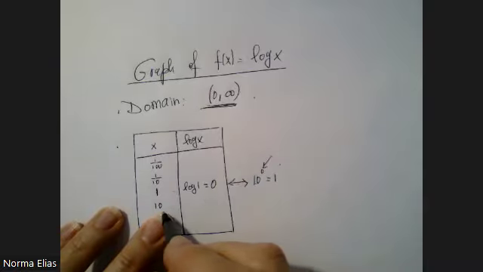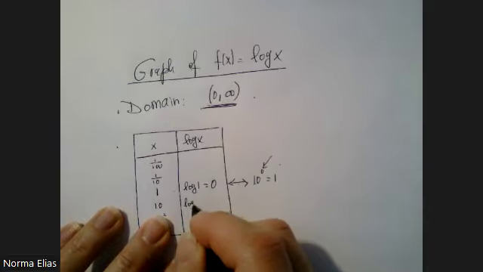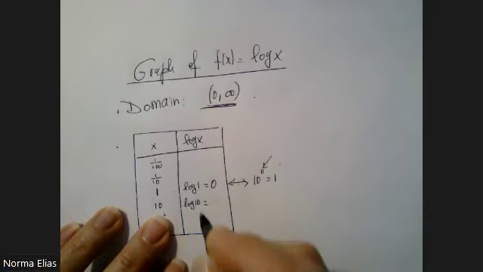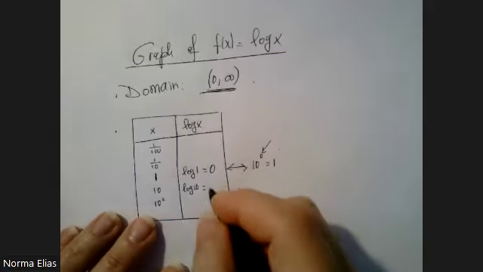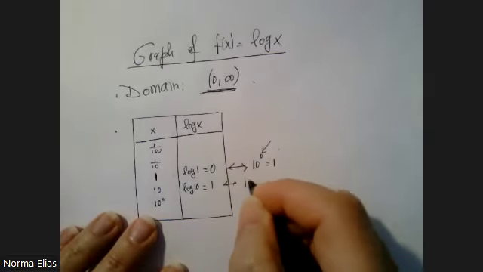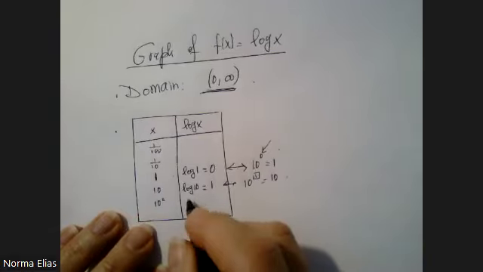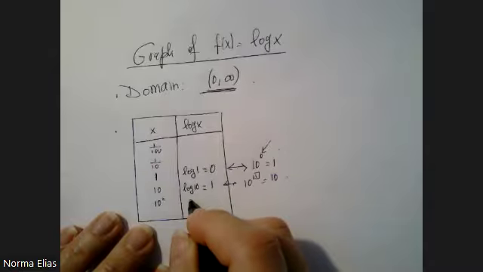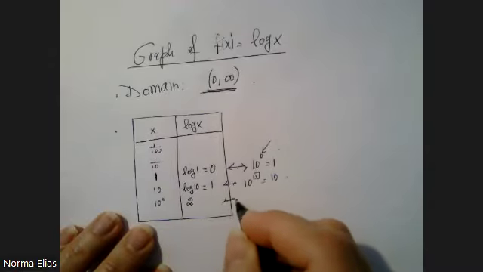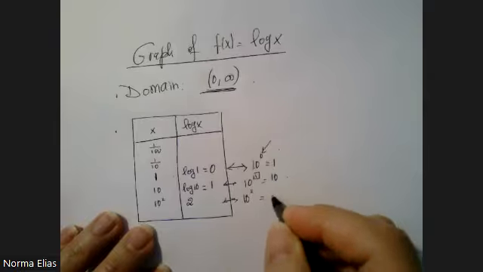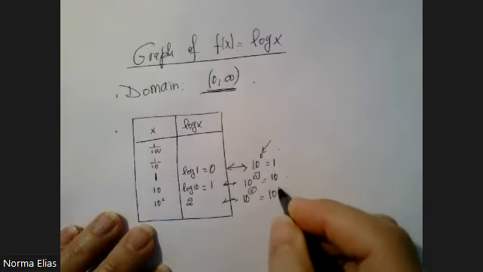What is the log of 10? 1. Again, because 10 to the 1 equals 10. 10 squared, quickly. Log of 10 squared, 2, for the same reason. 10 to the 2 equals 10 squared.